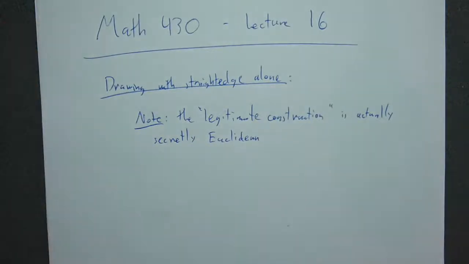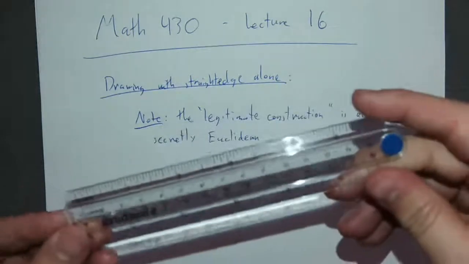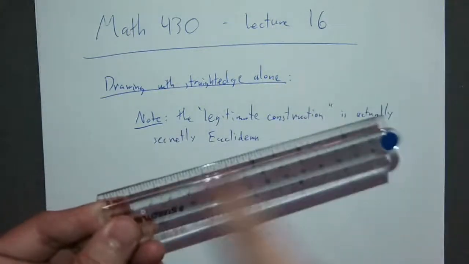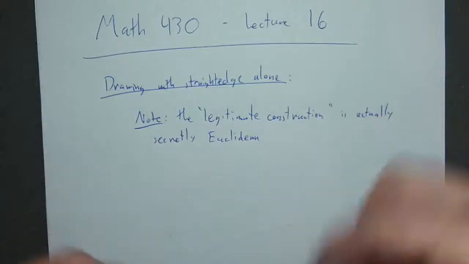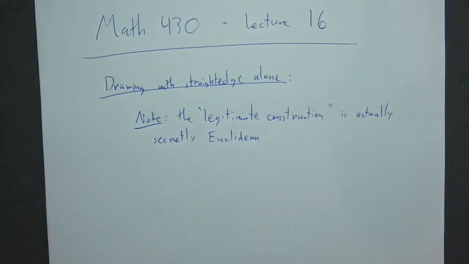What do I mean by that? Remember, I wanted to investigate what sorts of things I could draw with straight edge alone. Of course, not being allowed to use my ruler here. But there's an issue with the legitimate construction.